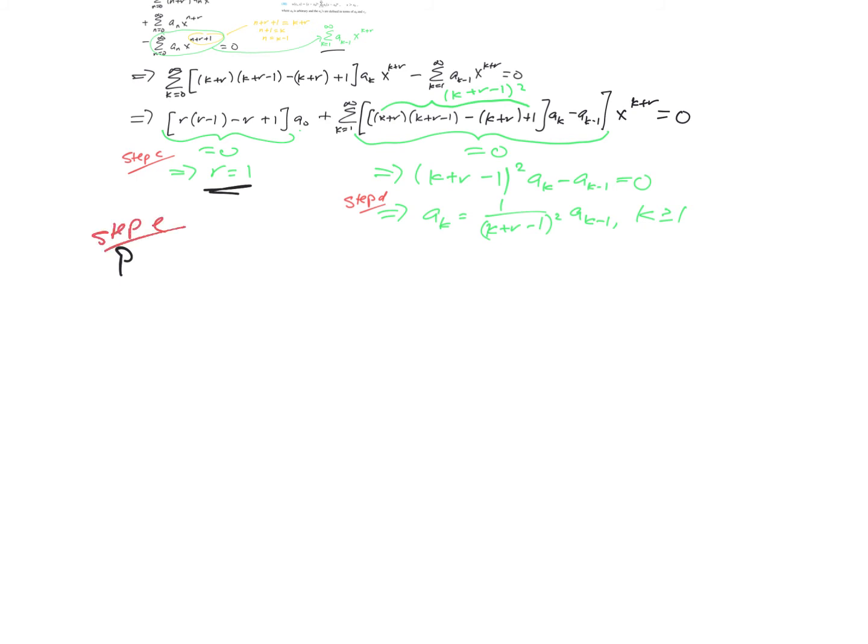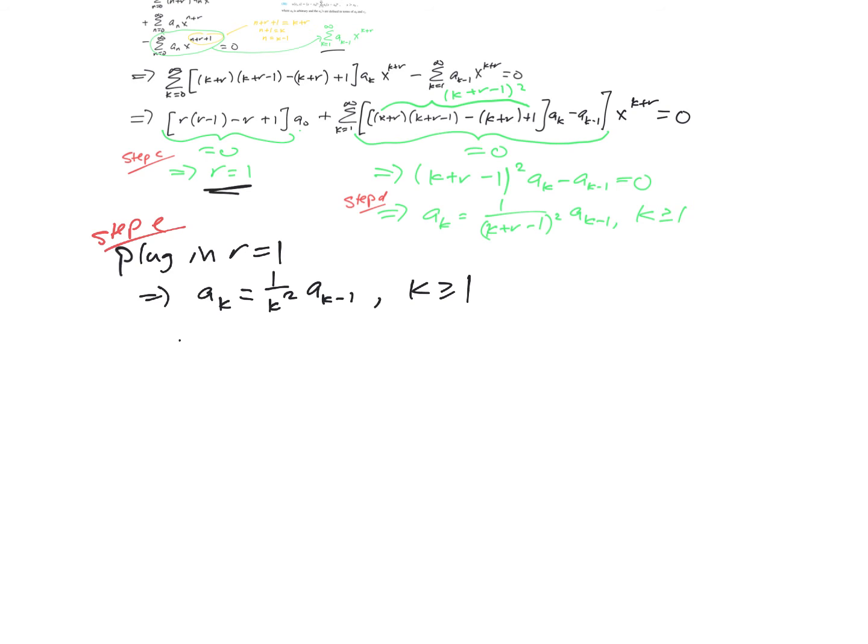And we're going to plug in r equals 1. That gives us our relationship a_k equals 1 over k squared times a_{k-1} for k greater than or equal to 1.